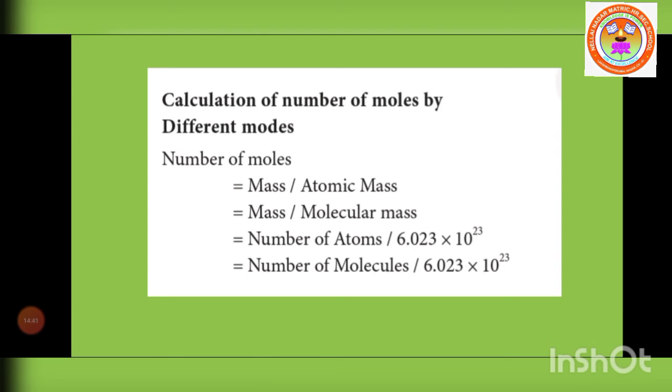When we calculate for atoms, we use given mass divided by atomic mass. Suppose we have to calculate for molecules, then given mass divided by molecular mass. This formula is used: given mass divided by molecular mass.